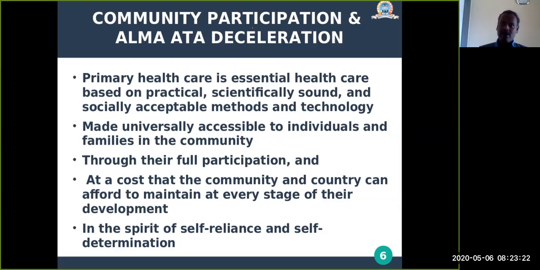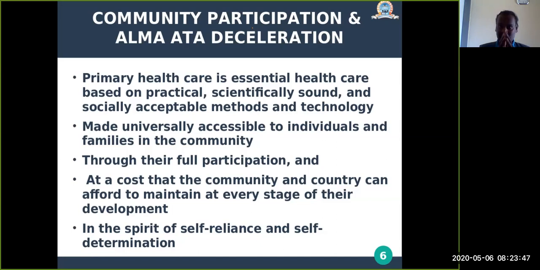So there is no big difference, but the implementation mechanism is a little different, because the self-reliance and self-determination of the country and the cost of maintenance will define how to go. But the services given under primary healthcare are supposed to be universally accessible.